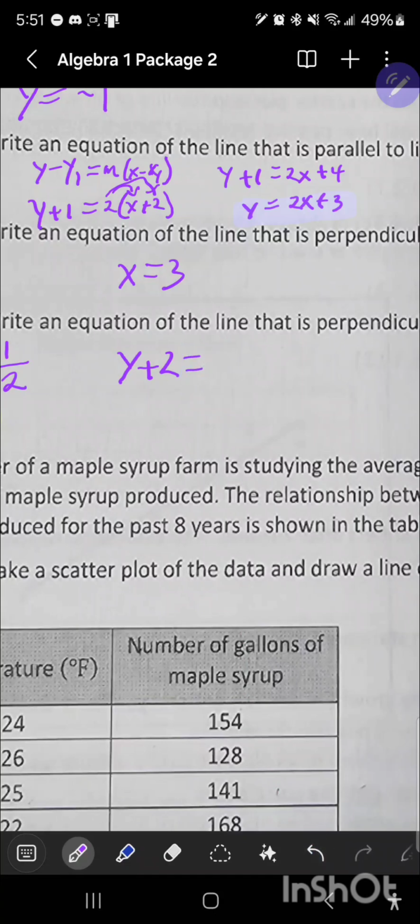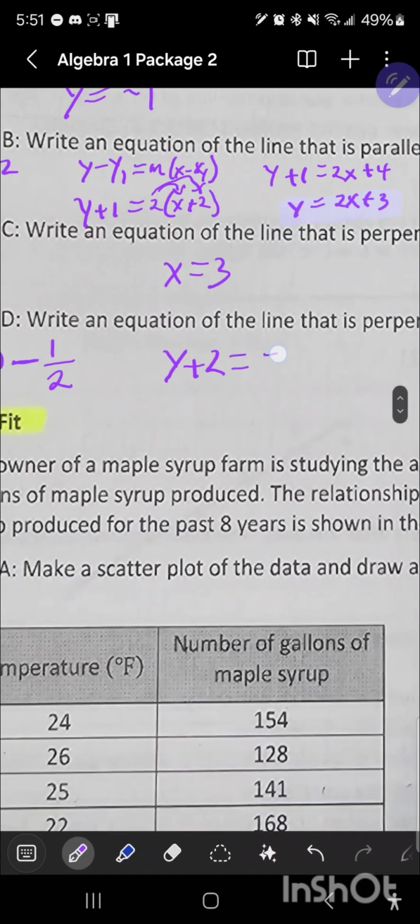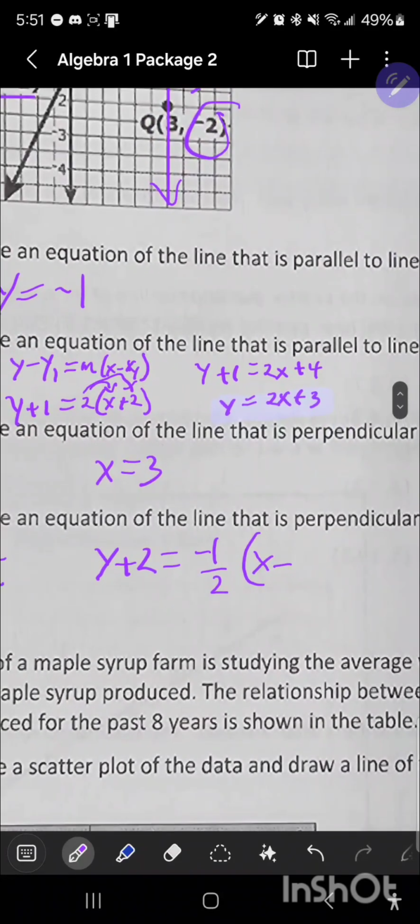Then we have our slope, which is negative 1 over 2, and x minus our x value, which is 3. So x minus 3.